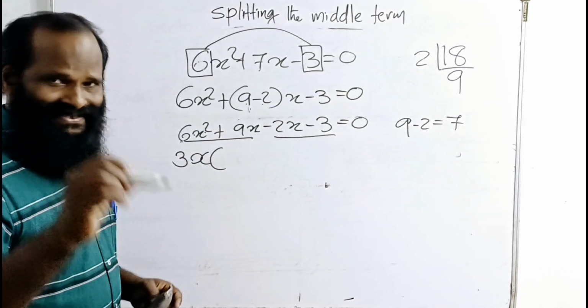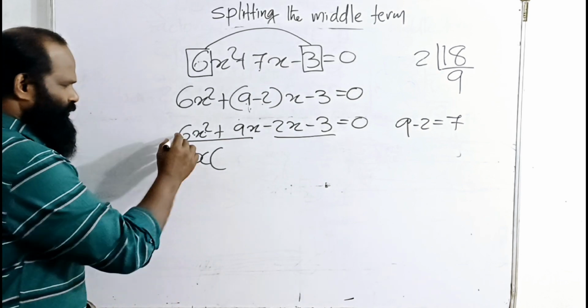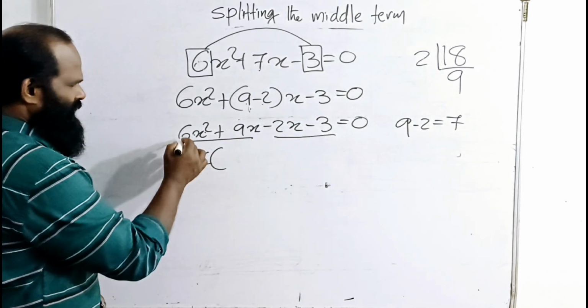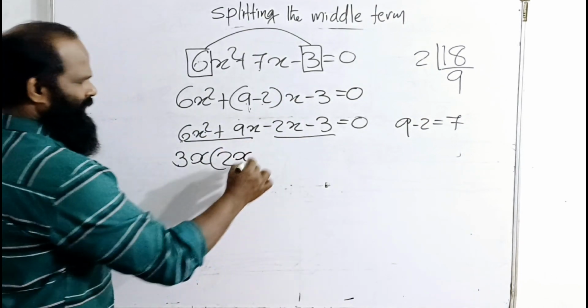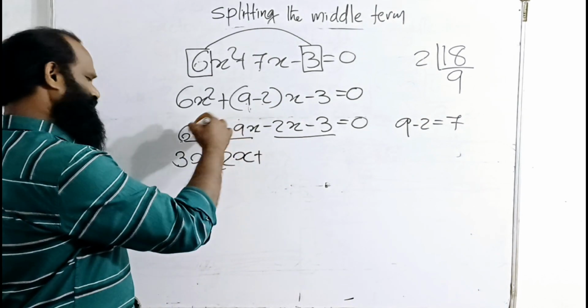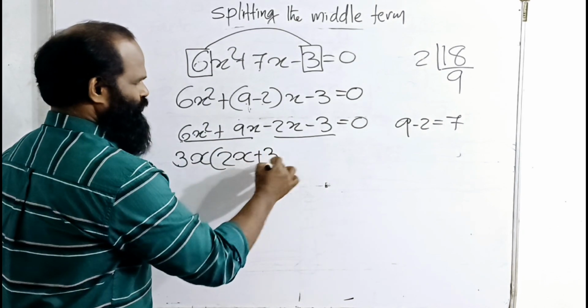That is why we take least number. So 3x out, this is reduced to 2. X square is reduced to x plus 9, 3 out becomes 3.